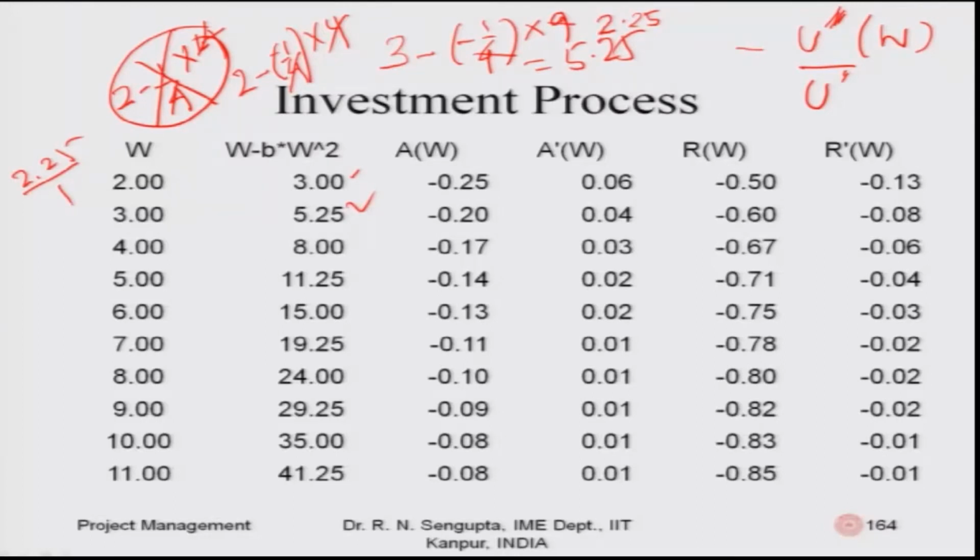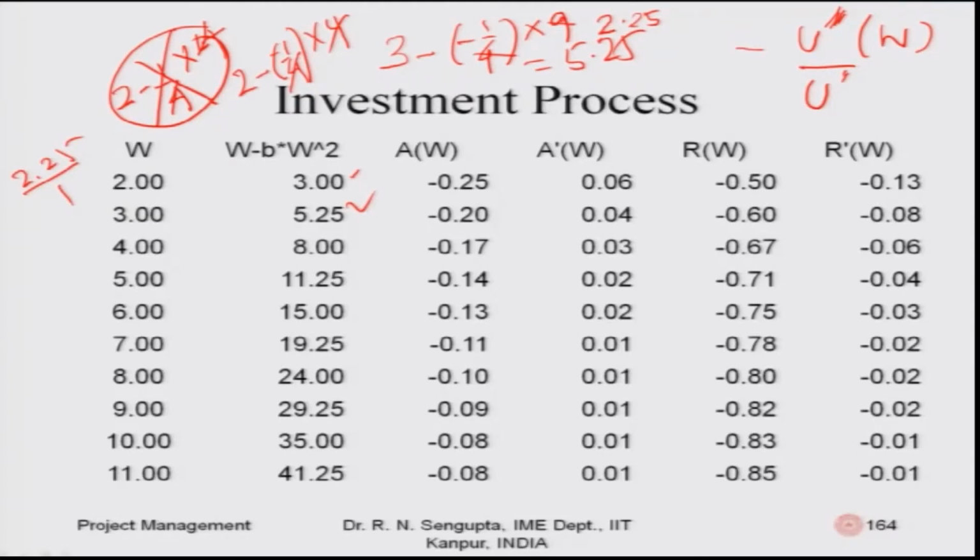If I want to find out the value of r for 5, it will be almost minus 0.70, but I have taken 2 or 3 places of decimals, hence it is coming out as minus 0.71. So, all these values are given.